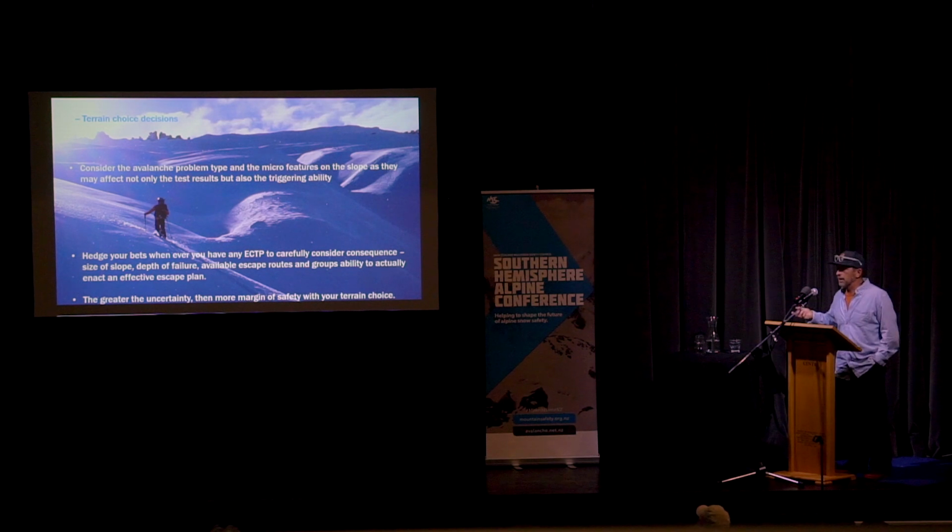You could get an ECTP result like 27 and go, oh, sweet, I'm just going to go over here where it's a lesser angle slope, or it fans out, or I've got clear escape routes, or the depth of failure isn't as much. So there are ways to manage it.